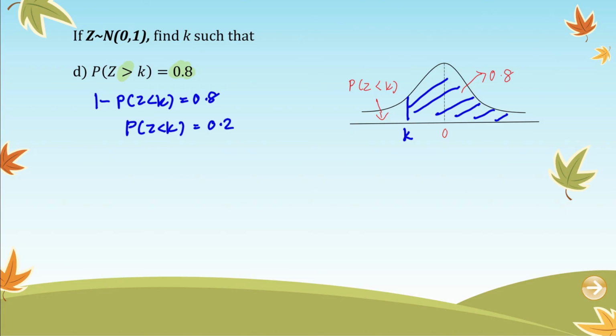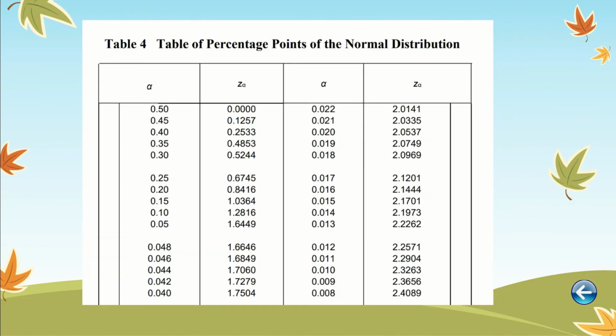Simplify the value. So Pz less than K is equals to 0.2. Now, we want to find the value of z from table 4. We want to find the value of 0.2. The z-score is 0.8416.